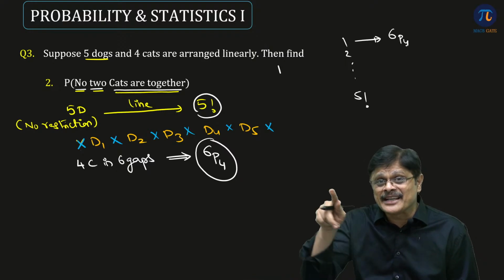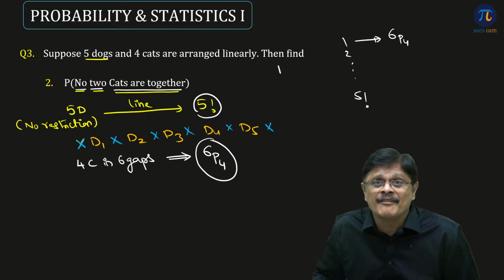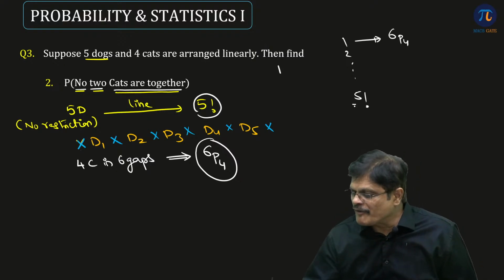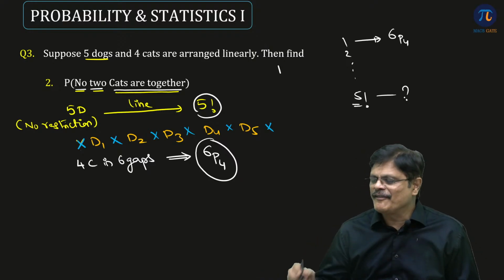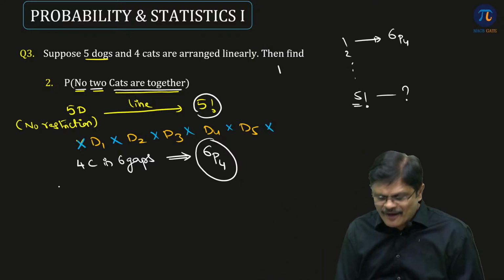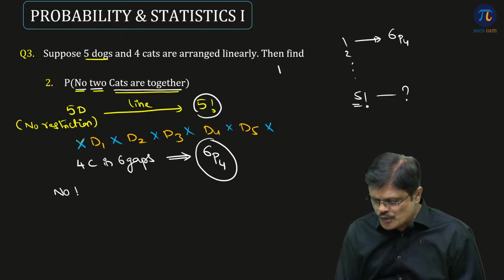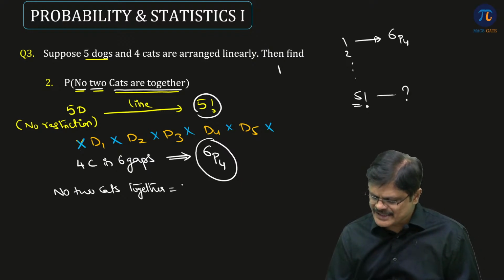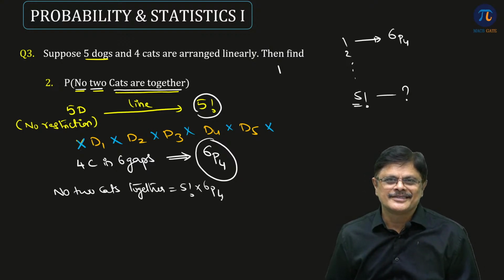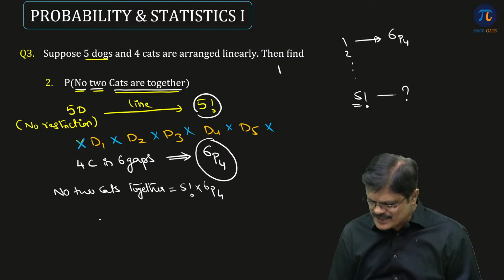Therefore, for 5! arrangements, how many arrangements were there? 5! into 6P4. So the number of arrangements in which no two cats are together is given by 5! into 6P4. Is the idea clear? So what is the probability that no two cats are together?